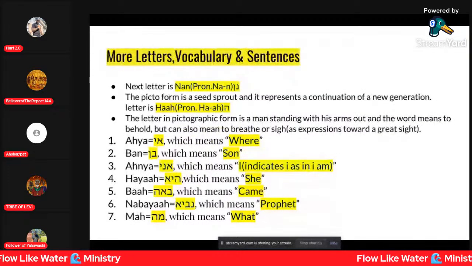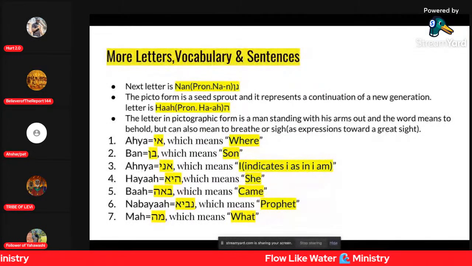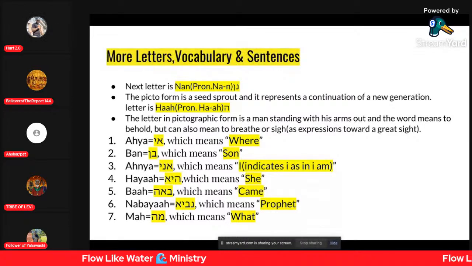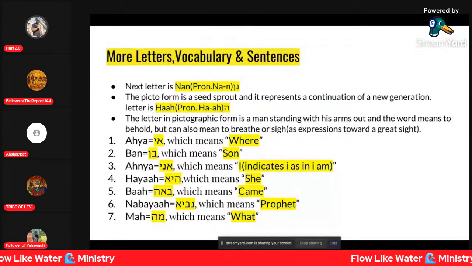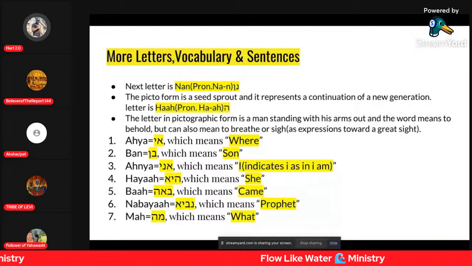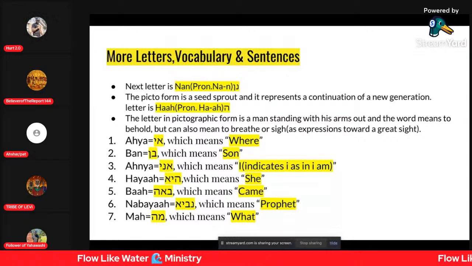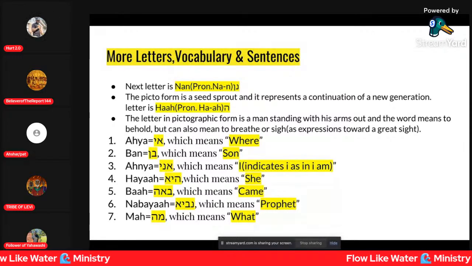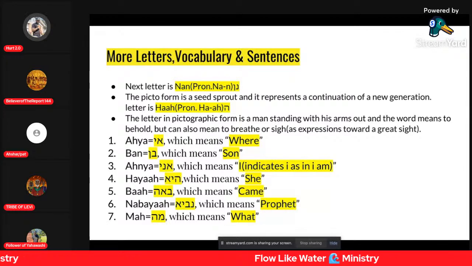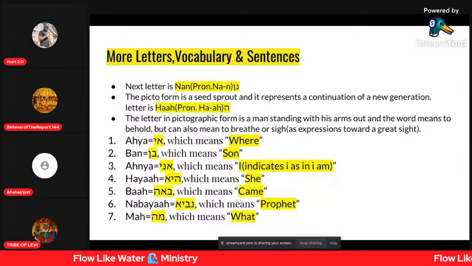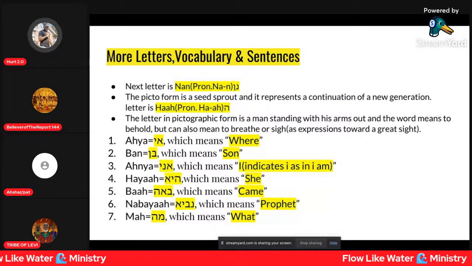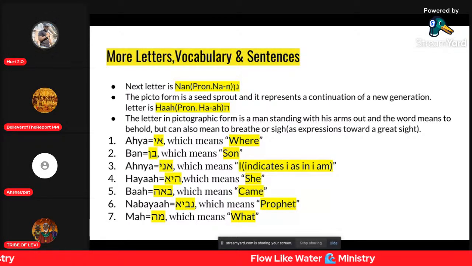More letters, vocabulary, and sentences. Next letter is Nun, pronounced Nun. The picto form is a seed sprout, and it represents a continuation of a new generation. Letter is Hey, pronounced Hey. The letter in pictographic form is a man standing with his arms out, and the word means to behold, but can also mean to breathe or sigh, as expressions toward a great sight.